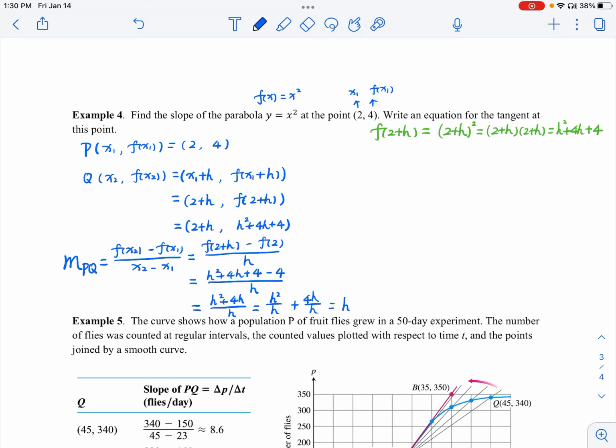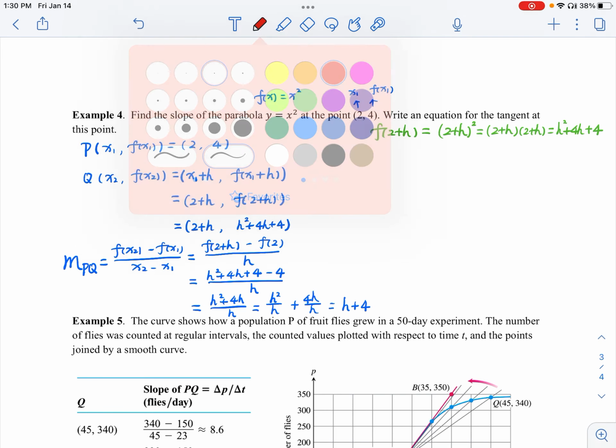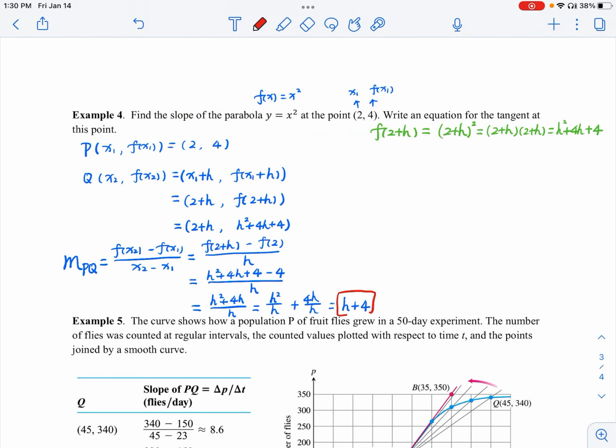So we have h plus 4. H plus 4, that's the slope of PQ, when you consider PQ as our 2 separate points. And now we want to let h equal to 0.